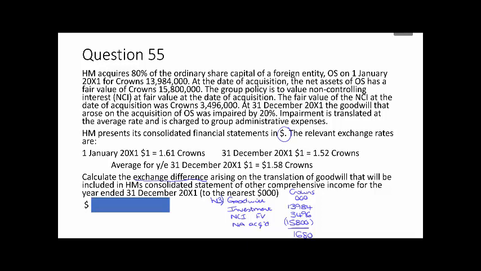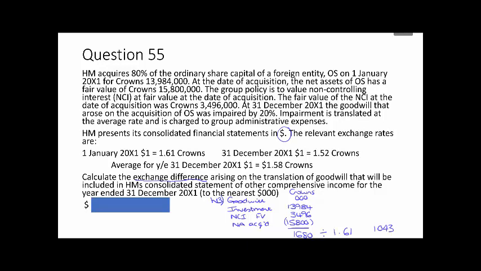So the first thing we would do is translate that back into dollars using the exchange rate at 1st of January X1, which here is that $1 is the equivalent of 1.61 crowns. So if we divide this by 1.61, it would give us an initial translation for our goodwill of $1043.